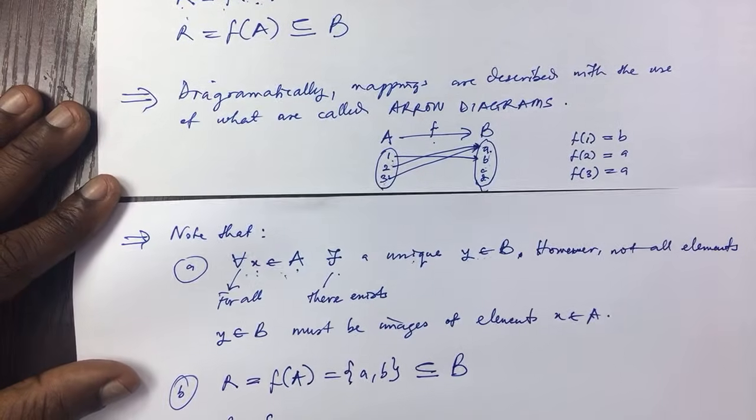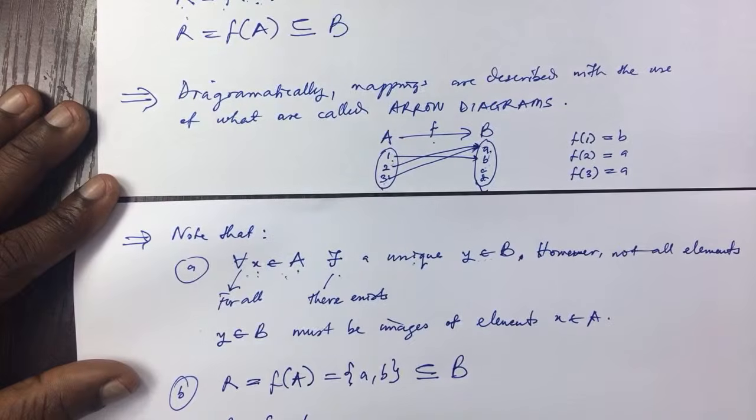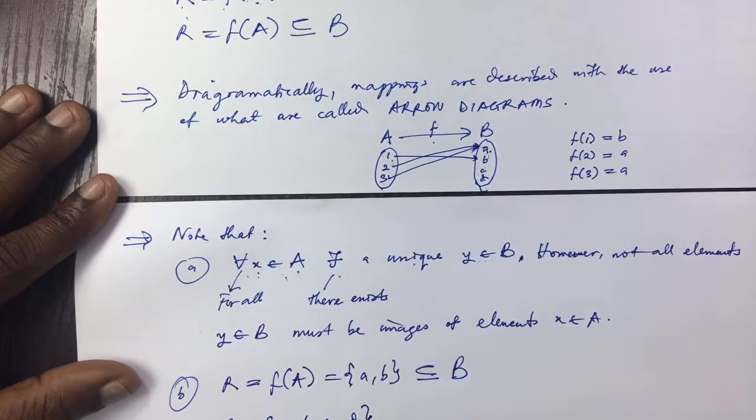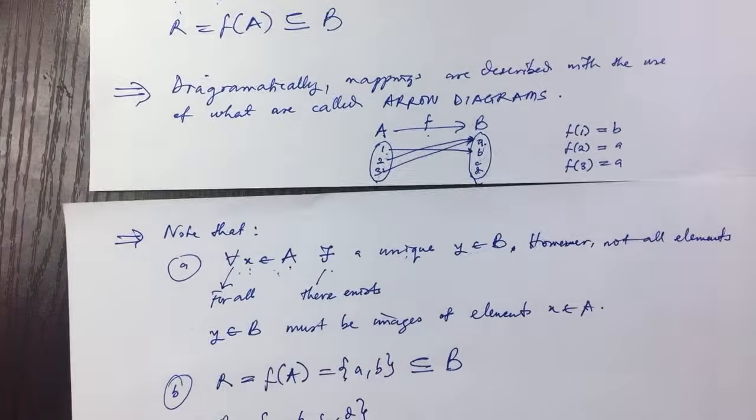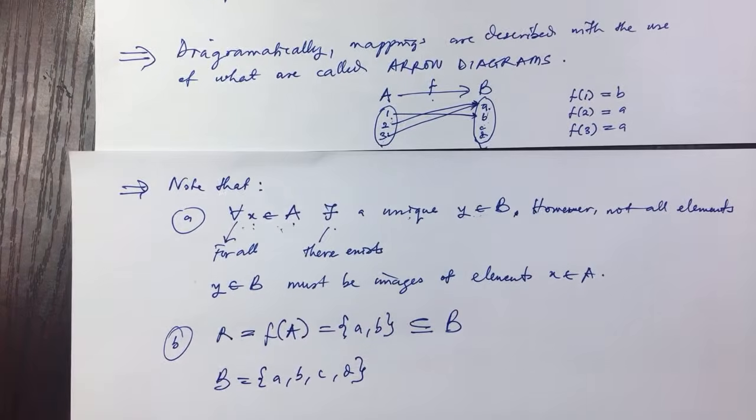Notice the codomain contains elements a, b, c, and d. But what is called the range must be a set that contains only images, strictly images. So, whereas B is the codomain, not every element in B is an image of elements in A under the mapping F. So, take note of that. It is very, very important.